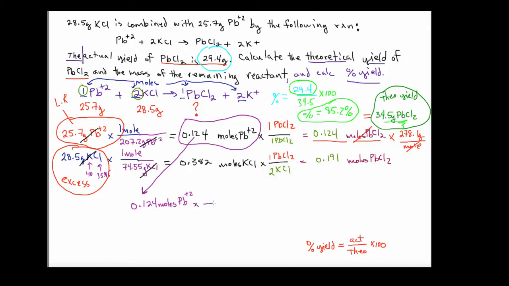We're going to find the amount of the KCl that reacted with this. So we're going to need to put the KCl in the numerator. The 2 here came from the coefficient of the balanced equation.